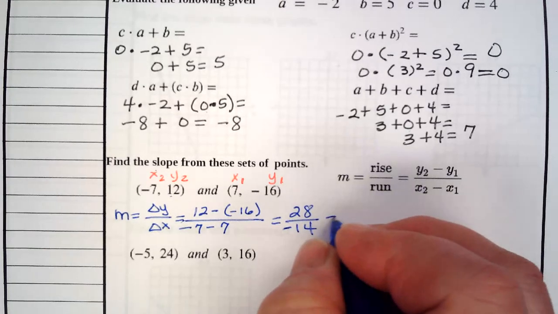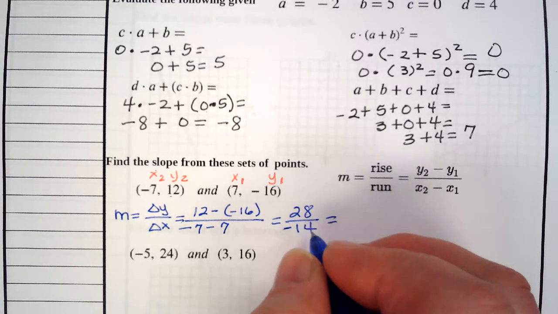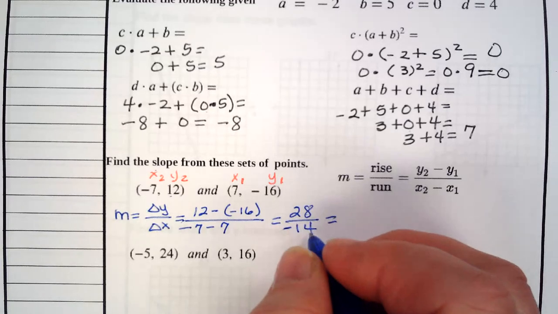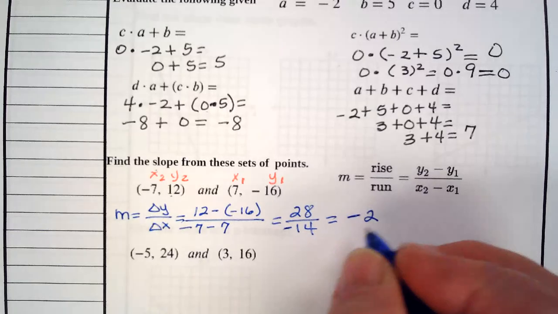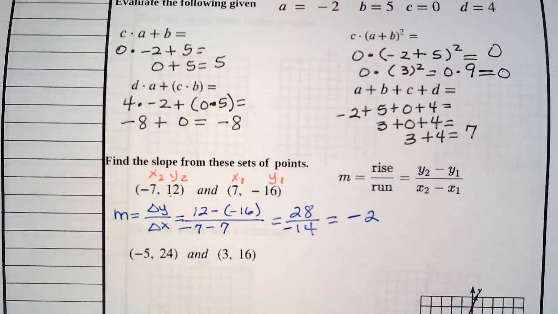Okay, when we simplify, positive 28 divided by negative 14 gives me negative 2, because 2 times 14 is 28. Okay, pause the video and see if you can do the next one on your own.